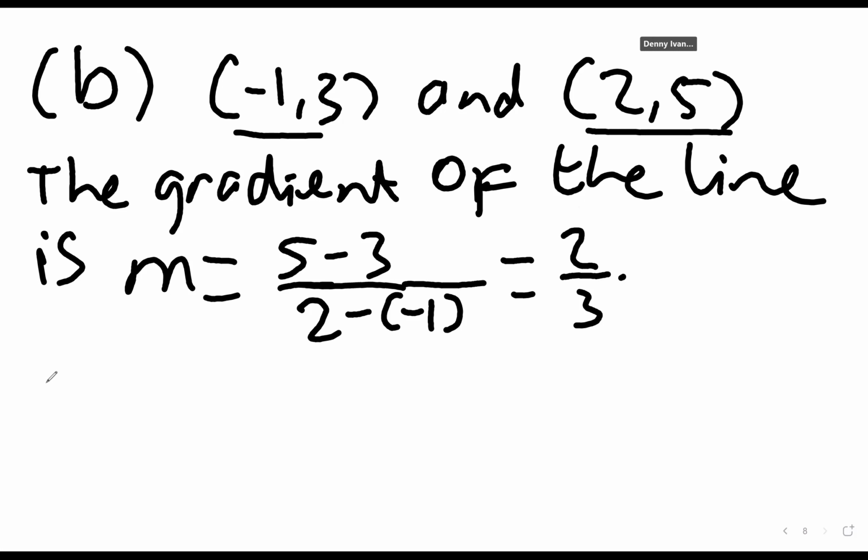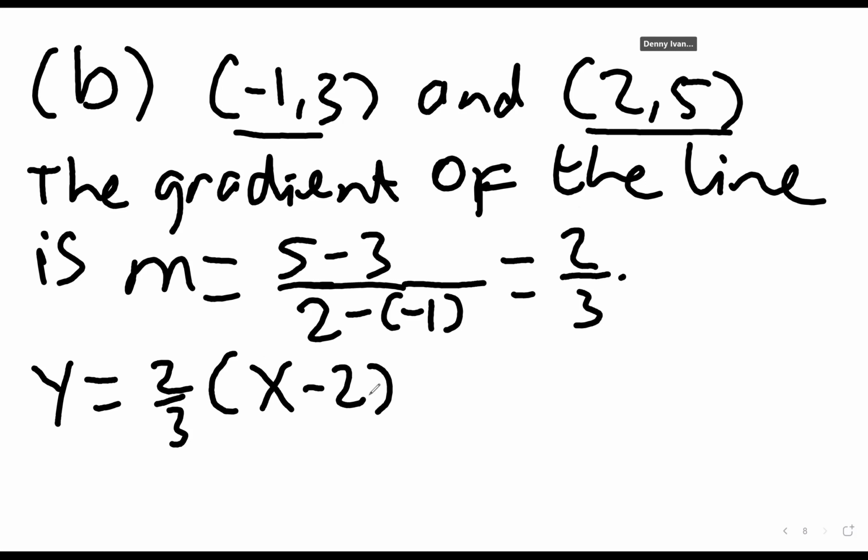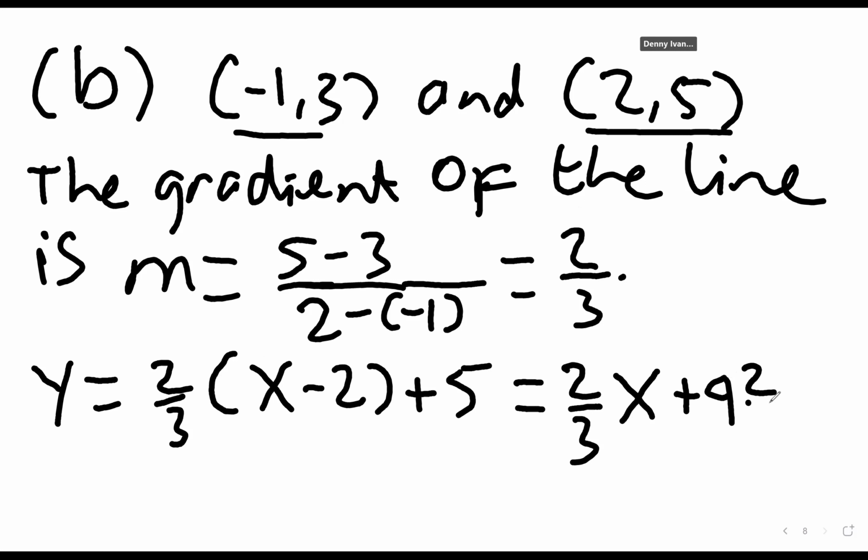More precisely, the equation will be y equals, the gradient m is 2 over 3, so 2 over 3 multiplied by x minus 2, plus 5. You can see this becomes 2 over 3 x minus 4 over 3, plus 5.